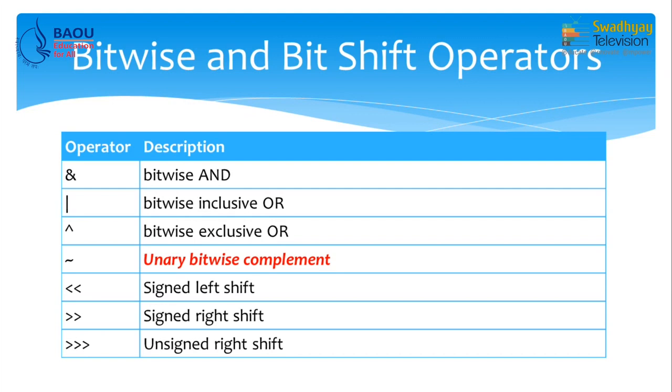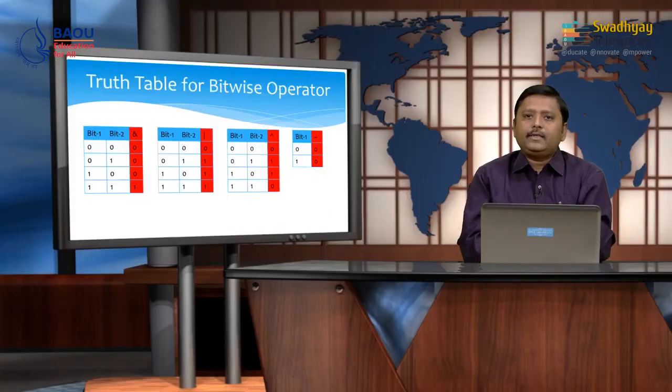Now, we discuss the truth table for these bitwise operators. For example, we take one bit from the first operand and one bit from the second operand, and we check what will happen for different combinations of these bits. On screen you can see a bitwise AND. The red line shows the result of the particular operation.